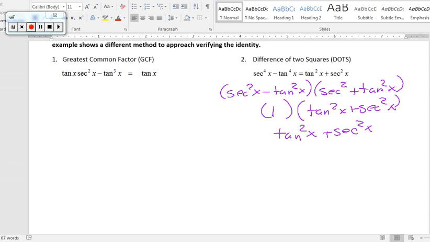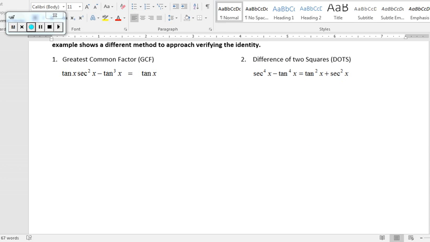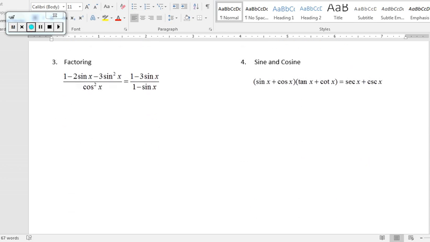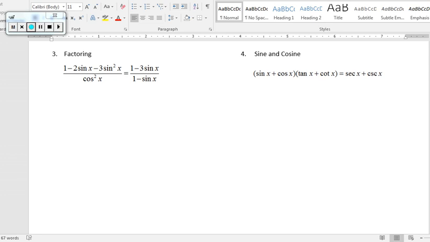All right, let's go to the bottom of the page here, the second half. Again, we always need to look to see if we can factor our identities here. The numerator here is factorable, so we're going to have 1 minus sine x times 1 plus sine x, all over cosine squared x.